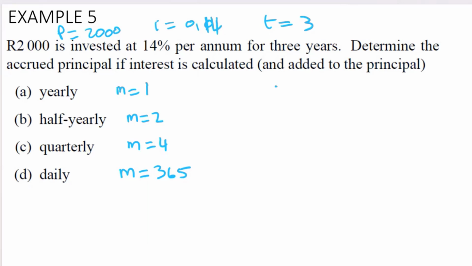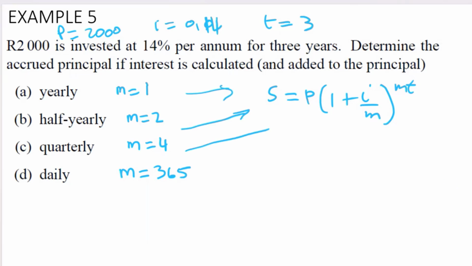Okay, so your formula is S is equal to P into 1 plus I over M, to the power MT. So now you can manipulate this for 1, for 2, for this one, and get different answers. I've just done this so that you can see how you would put the compounding period.